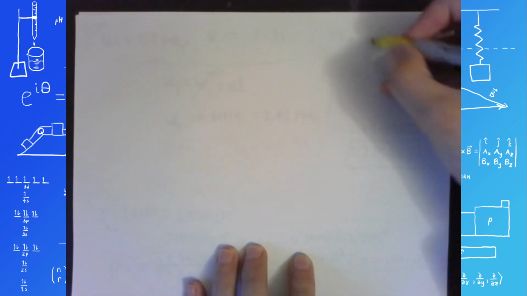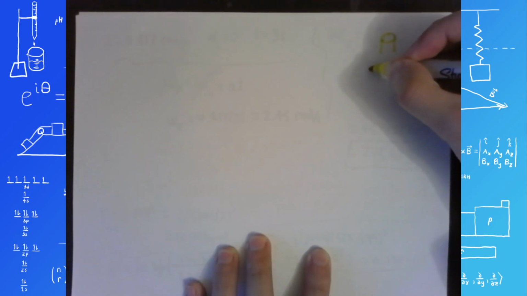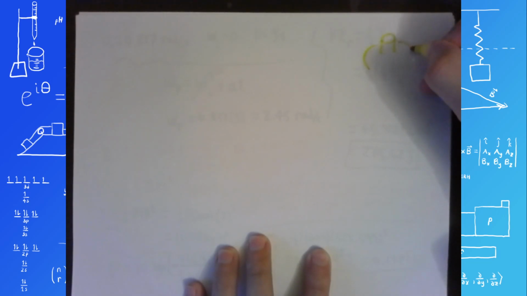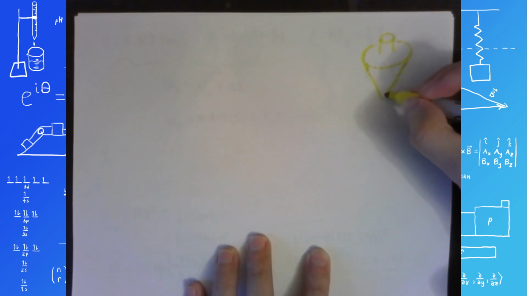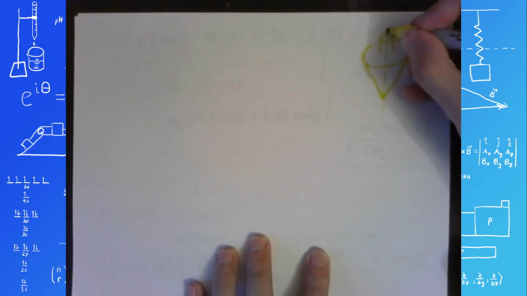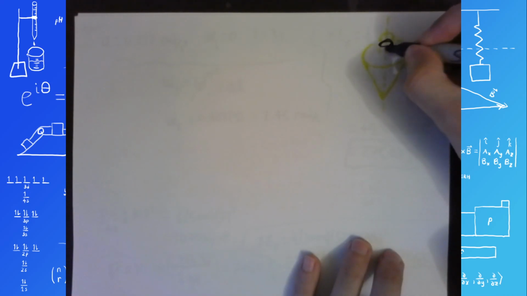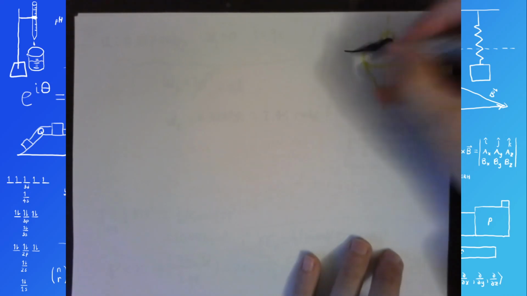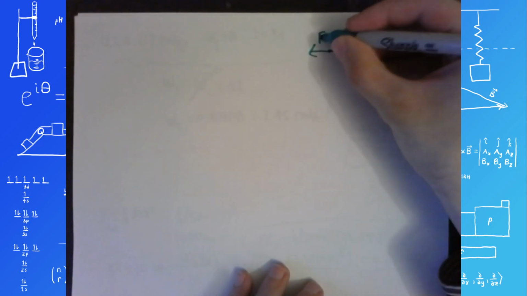Okay, so I guess I'll draw it over here. They have some string wound around this thing, and some of it is being pulled on by some force. I'm just going to call it the force of tension.